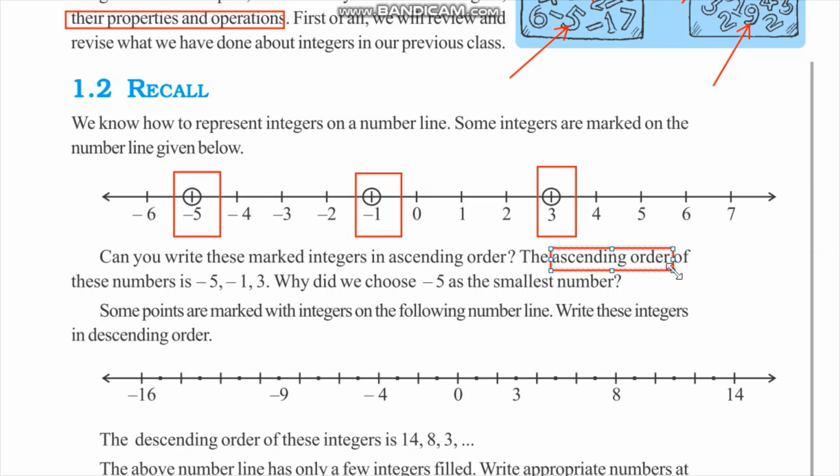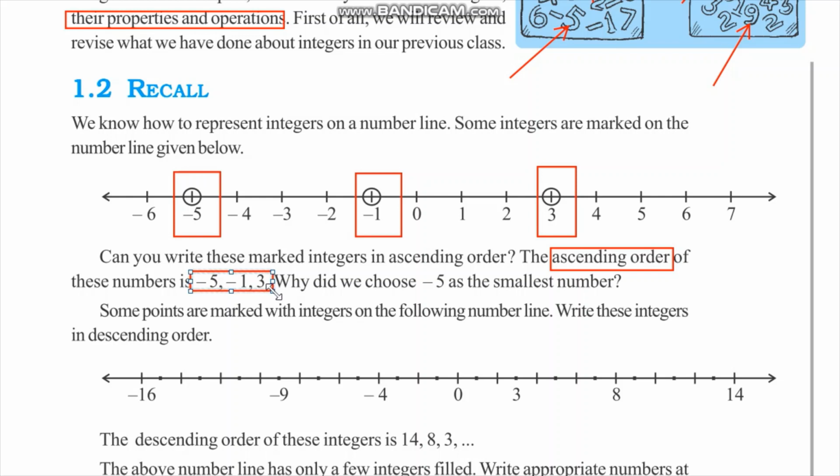So first we have to start with the smallest number. In this number line, whichever is present leftmost is the smallest number. Okay, so minus 5 is the smallest number, and we can just go on adding the other numbers. So minus 5, minus 1 and 3.